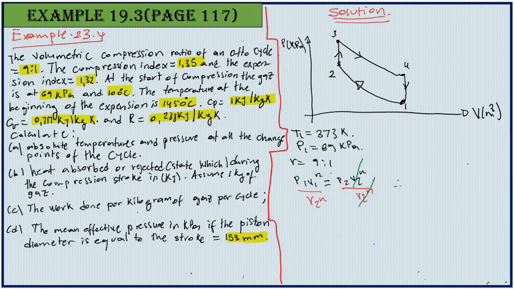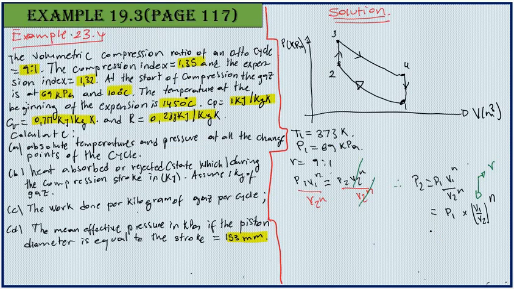So P2 is equal to P1 V1 to the power of N divided by V2 to the power of N, which is also equal to P1 multiplied by V1 over V2, everything to the power of N. So if you look at this relation, the bracket represents R, the volumetric ratio.